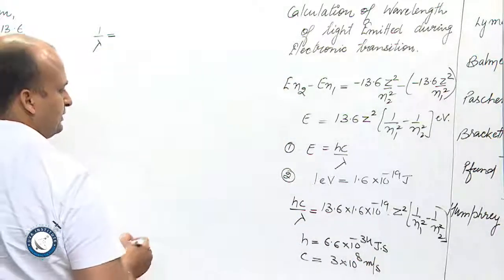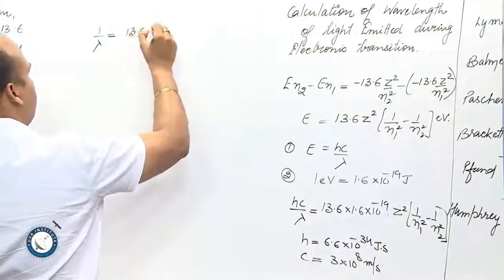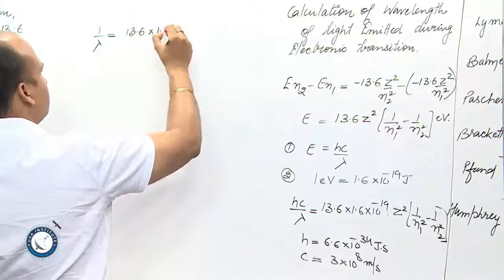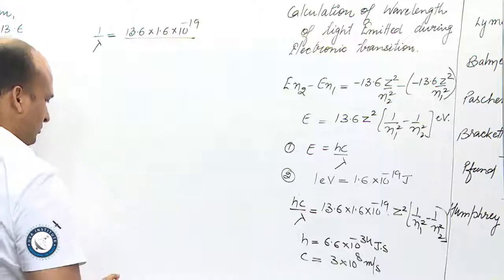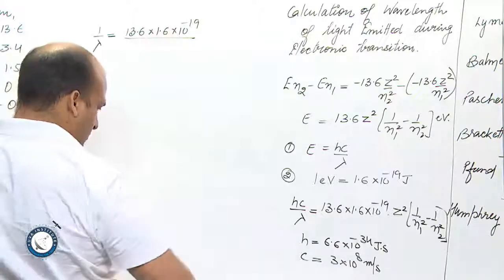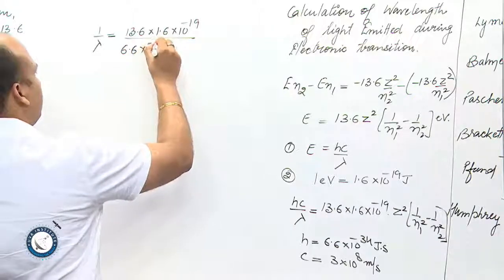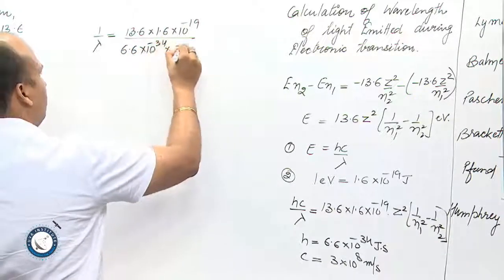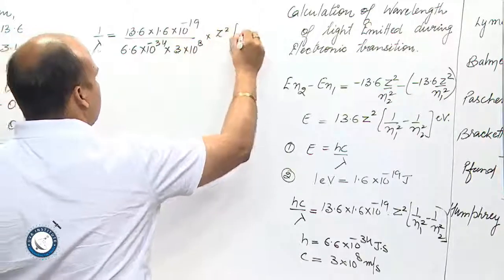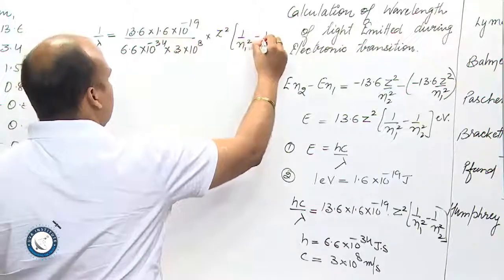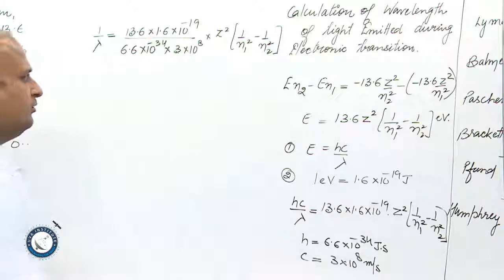So this will be written as 13.6 into 1.6 into 10 raised to power minus 19 upon 6.6 into 10 raised to power minus 34 into 3 into 10 raised to power 8 into Z square into 1 by N1 square minus 1 by N2 square. Okay, fine.